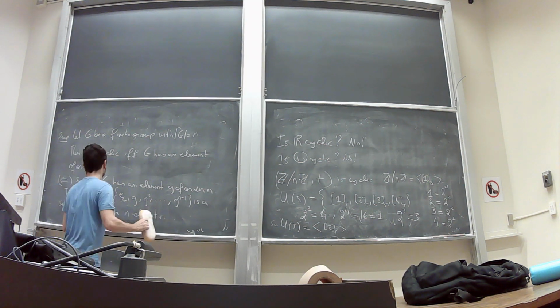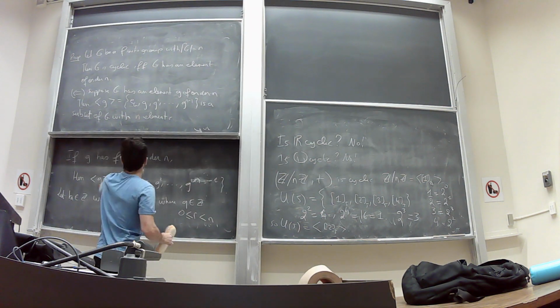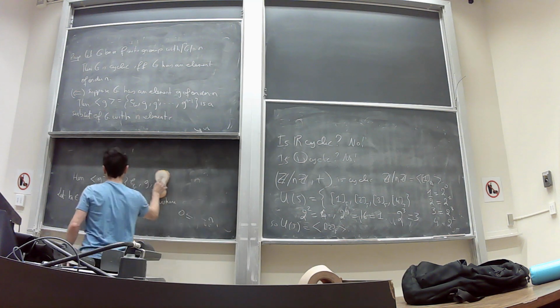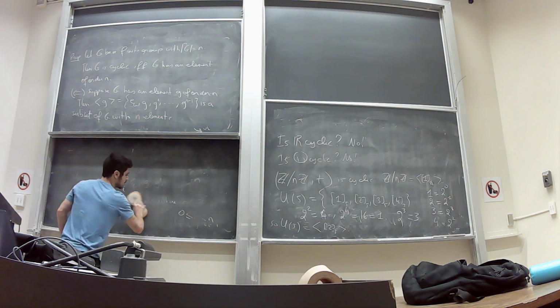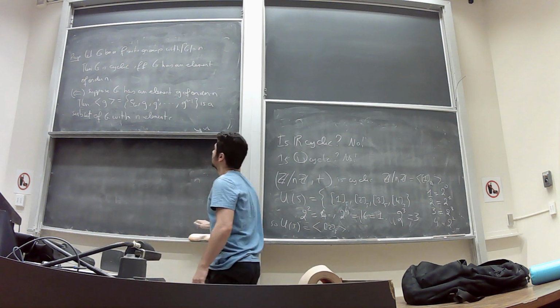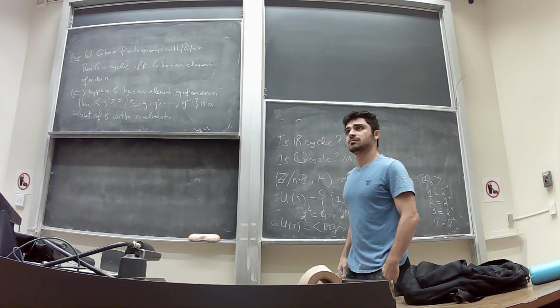So the subgroup generated by g has n elements, right?